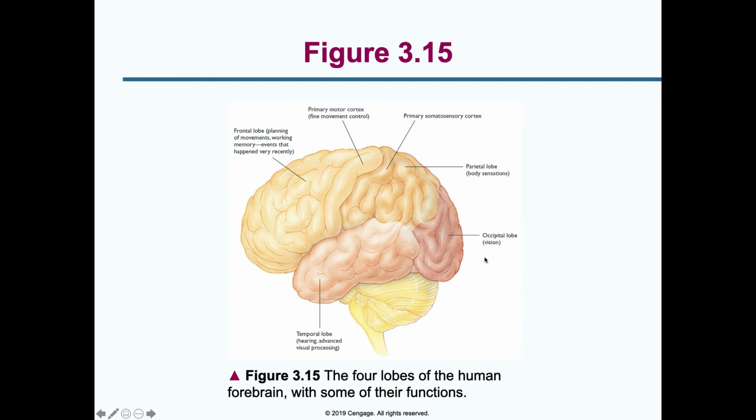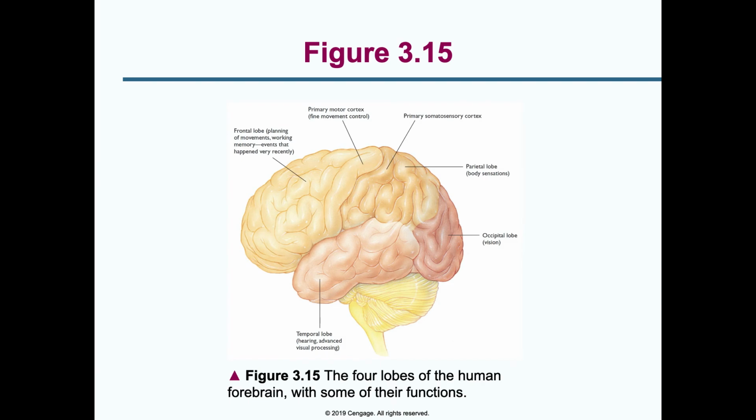And then the occipital lobe, which has to do with our vision. It's in back here. And then the temporal lobe, which has to do with hearing and visually processing something, okay? So again, these are the lobes that are really important to remember when it comes to the parts of the brain, okay?